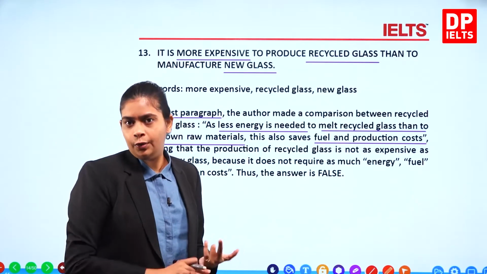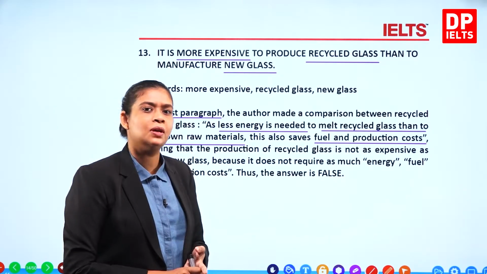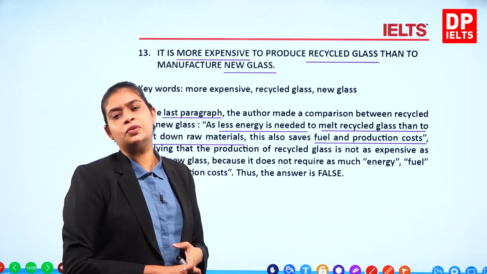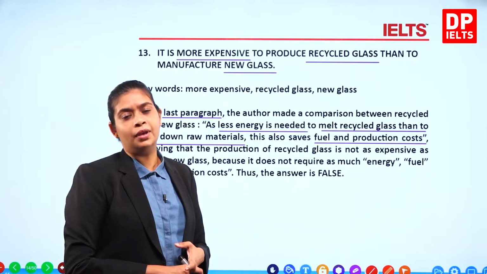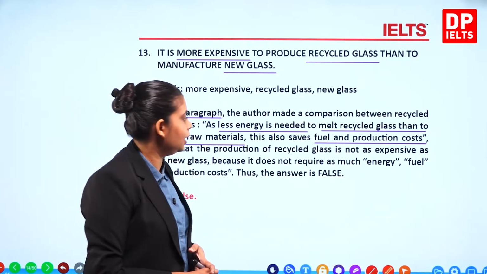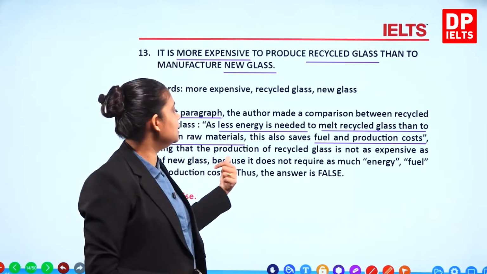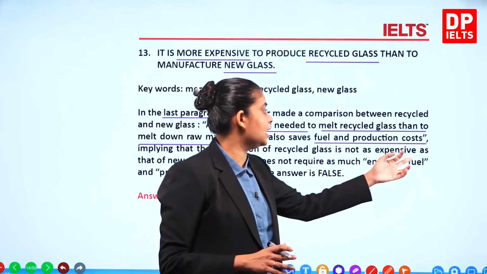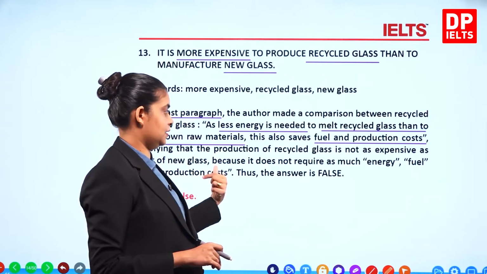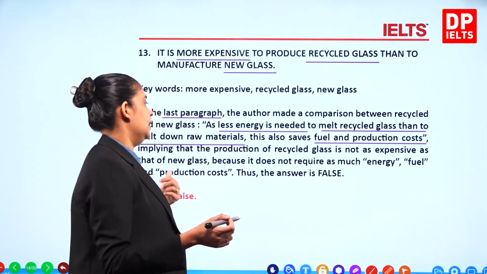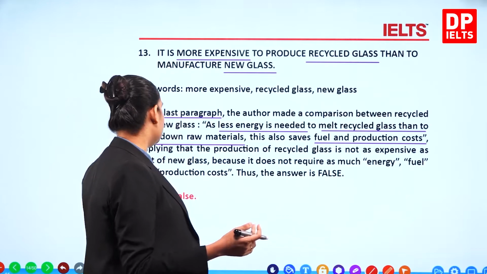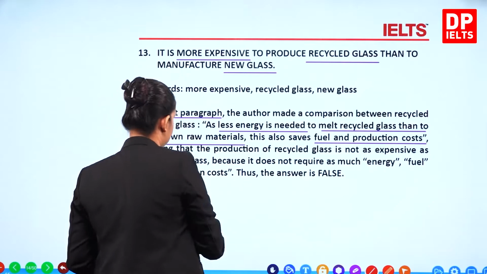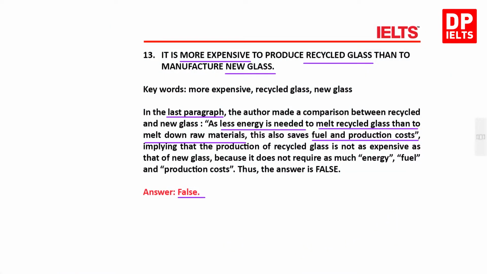No. If the fuel is less, if the production is less, what are they implying to us? They are saying that it is cheaper than actually getting new glass done, right? So it implies that the production of recycled glass is not as expensive as that of new glass because it requires less energy, fuel and production costs. Therefore, because it says more expensive, the answer is going to be false.